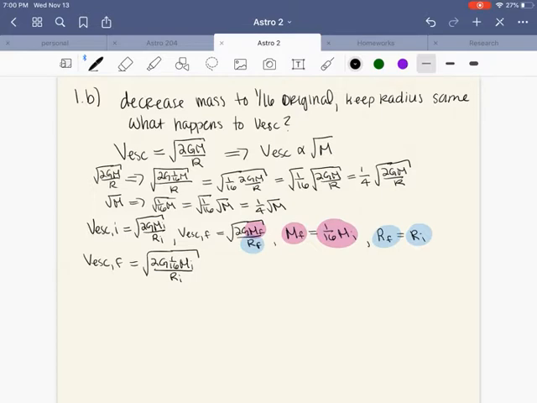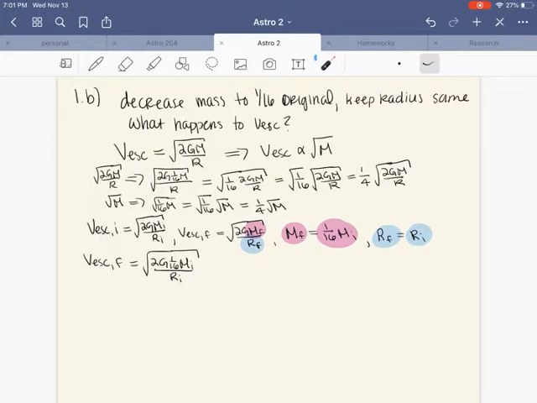Looking ahead, I know that my goal is to get something that looks like this. The total goal of what I'm doing here is to get an equation that has both final escape velocity and initial escape velocity in it, because I want to be able to compare final and initial escape velocity.